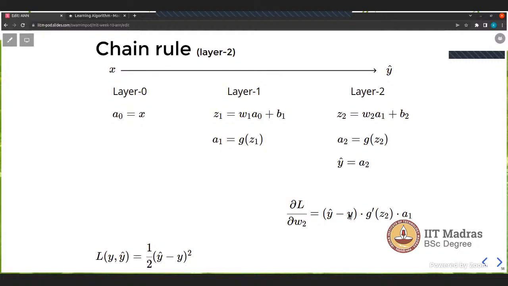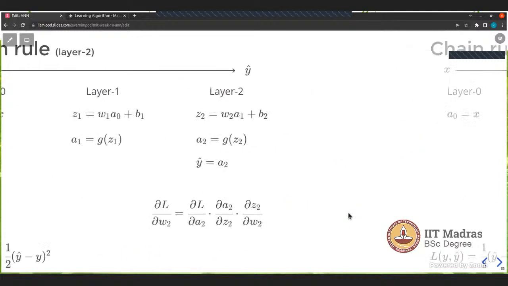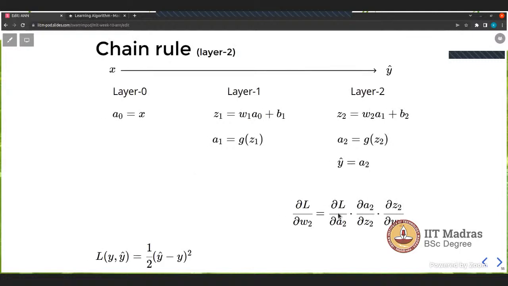Sir, I didn't get how you called it the chain rule. Okay, so L is the loss, right? L depends only on y hat and y. The first thing that you can differentiate L with is y hat. Y is fixed because y is your true label, it's not a parameter here.